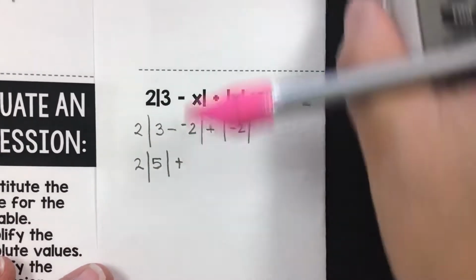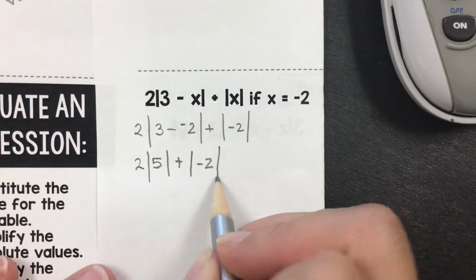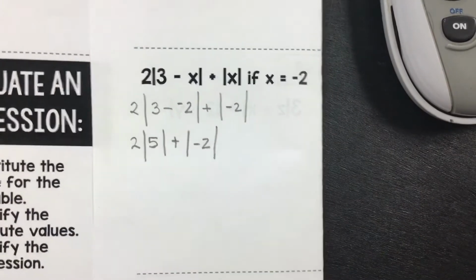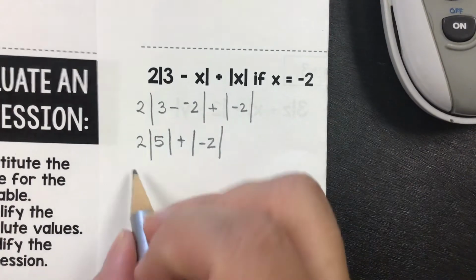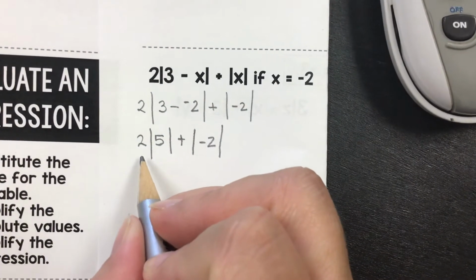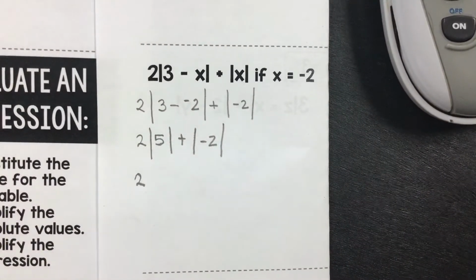Plus, and then the absolute value of a -2. To get rid of those bars, what we've got to do is wash the clothes. So that 2 is outside of the washing machine, so you leave it alone. Everybody okay with this? It's not inside the washing machine, so we don't need to wash it.